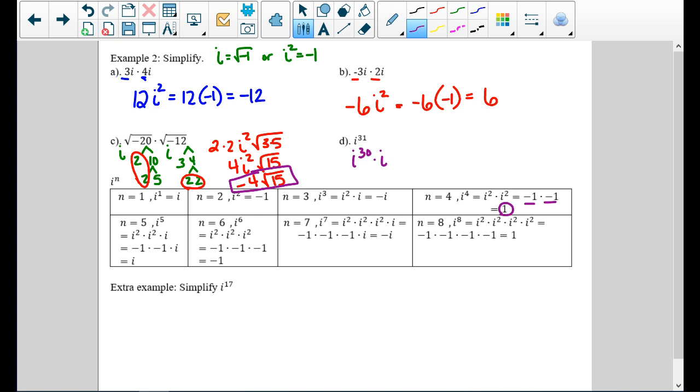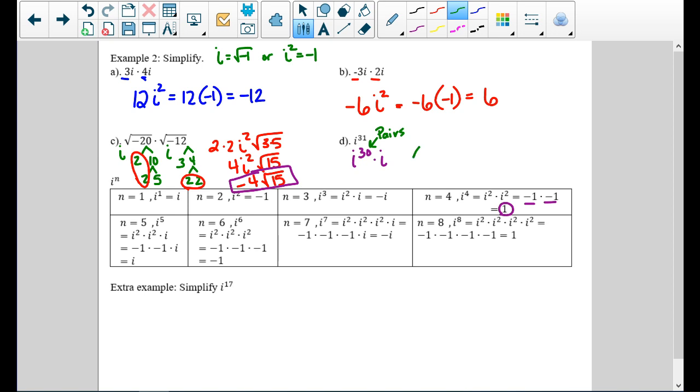Now, remember, every pair makes a negative 1. So how many pairs do I have out of 30? Every 2. We're making this even, so 2 should always go into this.